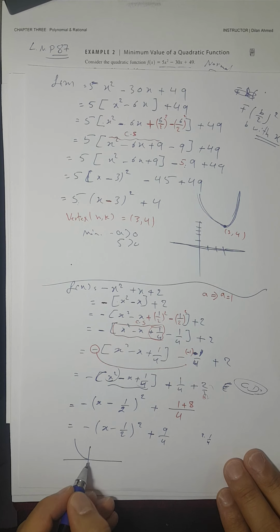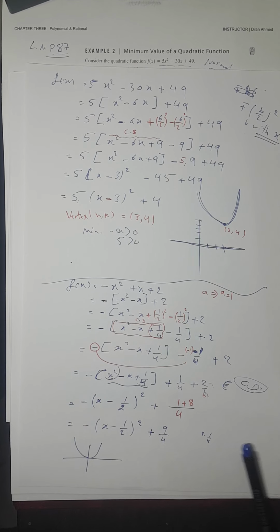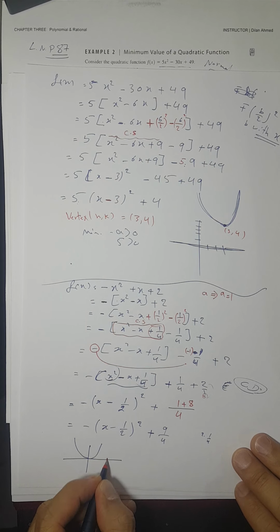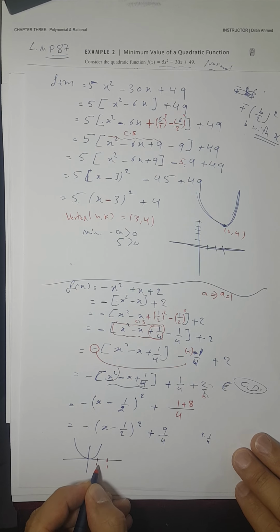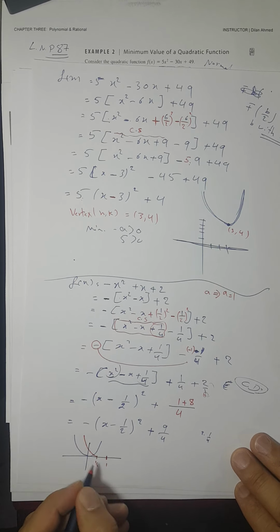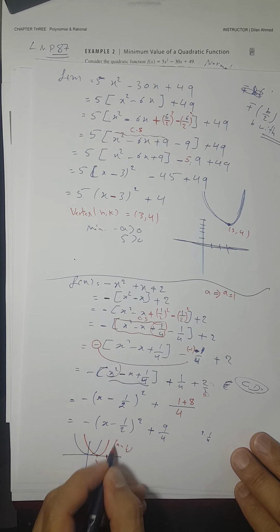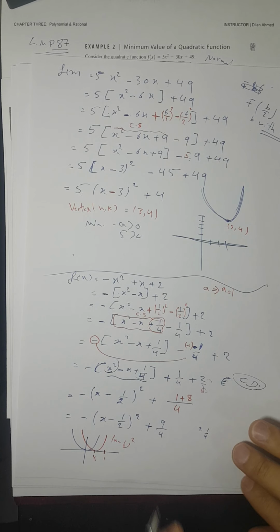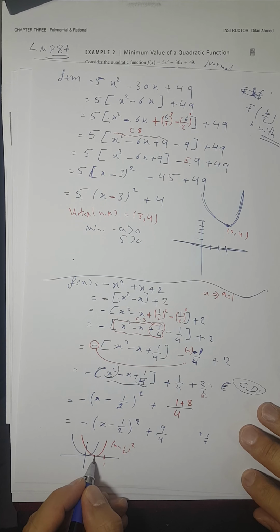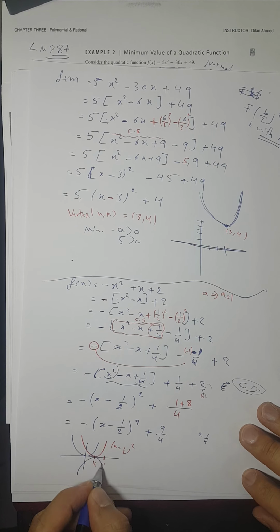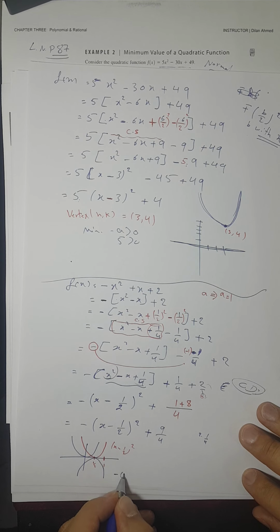Here's x squared. Because you have a minus 1, if it's 1, here's a 1 over 2. So I have x minus 1 over 2 squared. And because I have the minus, I will get something like that. It's equal to minus x minus 1 over 2 squared.